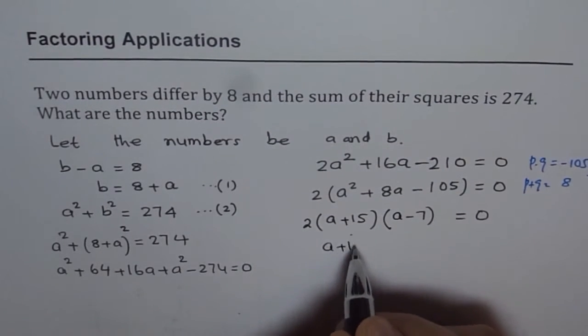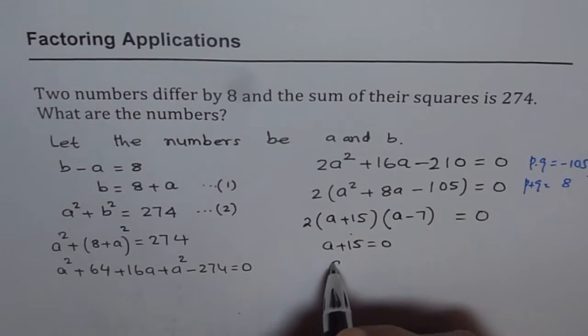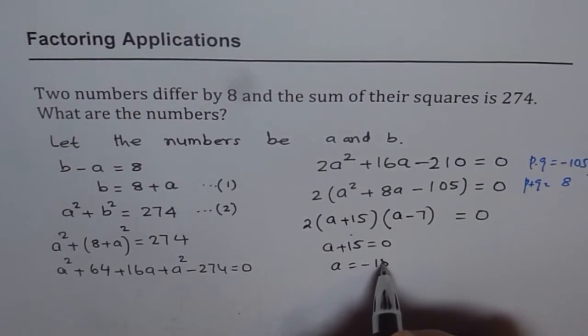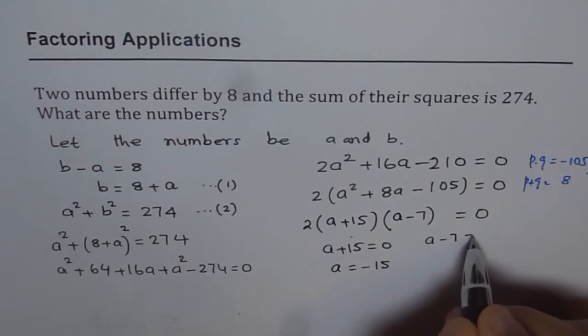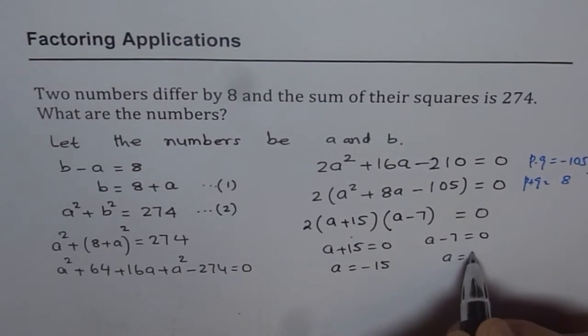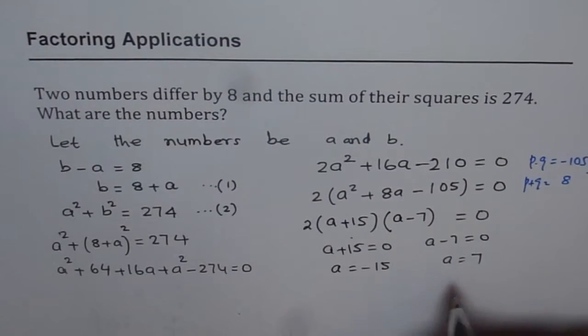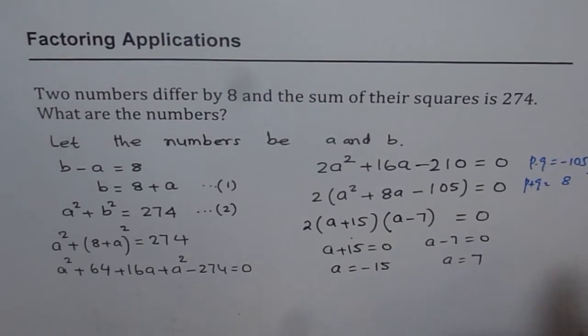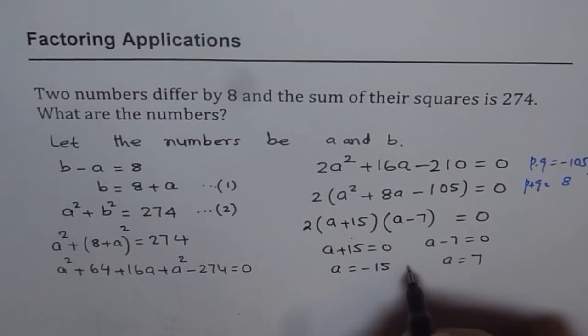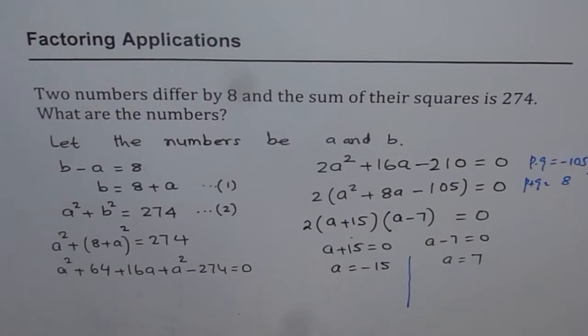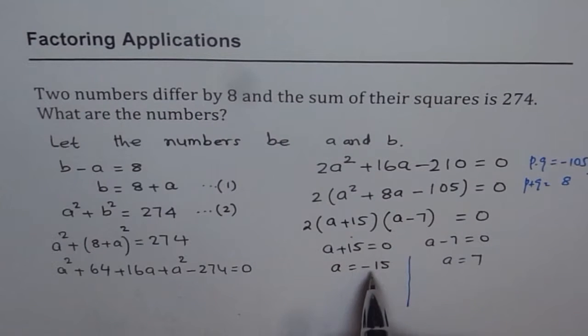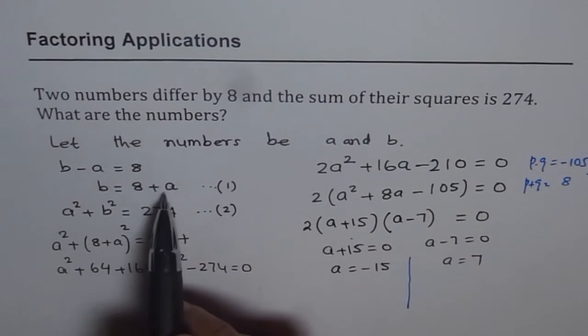So we get A plus 15 equals 0. That gives us A equals minus 15, and A minus 7 equals 0 gives us A equals plus 7. And these are the two numbers which will give us the required results for A and B, right? So from here we can find what B is. So if A is minus 15, in that case B is what?